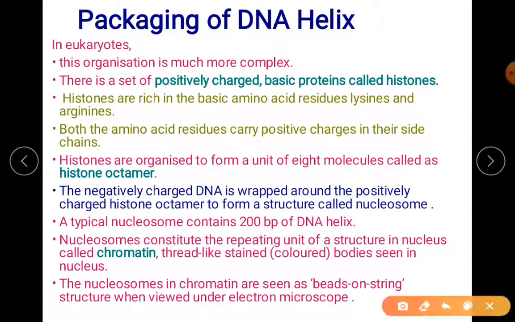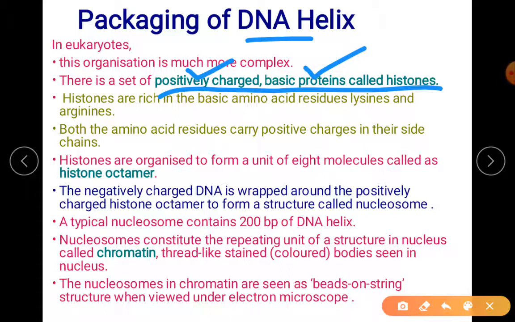Now, in case of eukaryotes, it is complex, as I showed earlier. You can see the coiling. So there are proteins involved with the DNA packing. So those proteins are positively charged and they are basic. So when I say basic proteins, they are positive. If I say acidic proteins, they are negative. So who is acid here? The DNA.